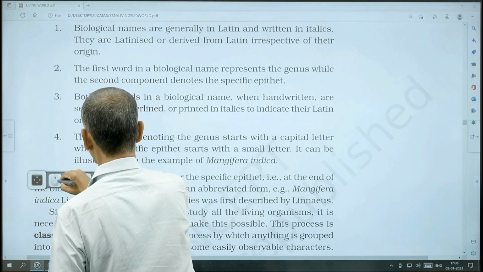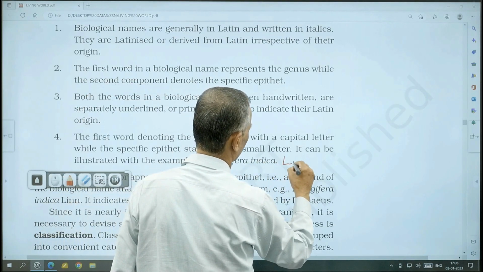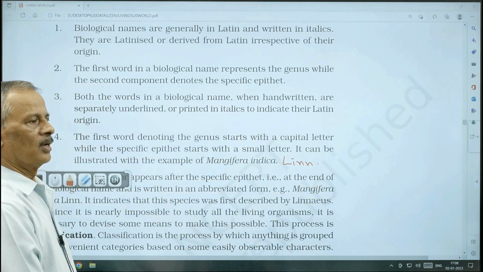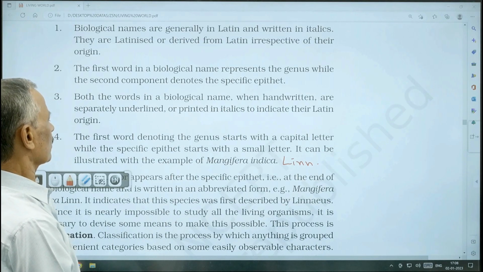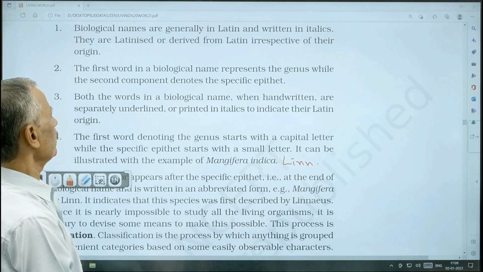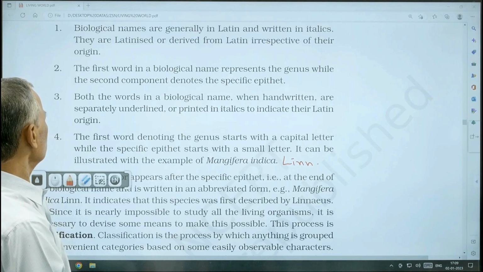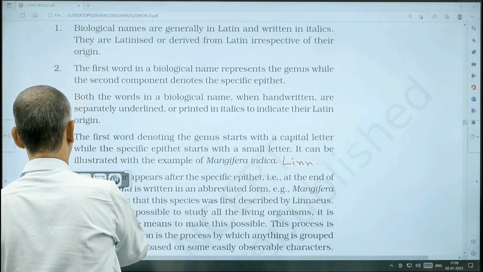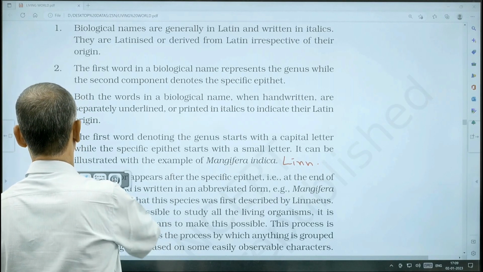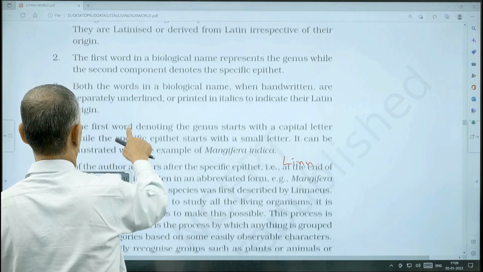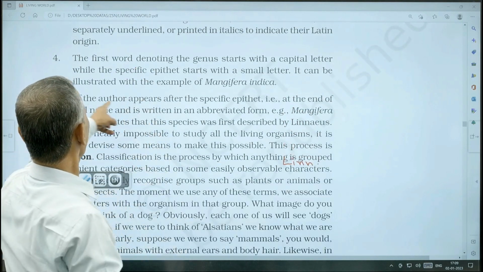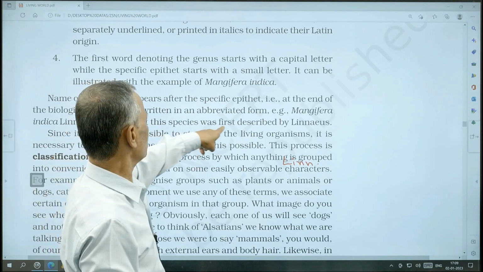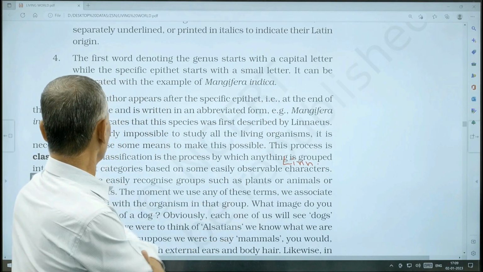Lin is the short form of Linnaeus. Linnaeus is the author who coined that biological name for this plant. That's the meaning. Okay. The name of the author appears after the specific epithet. It indicates that the species was first described by Linnaeus.